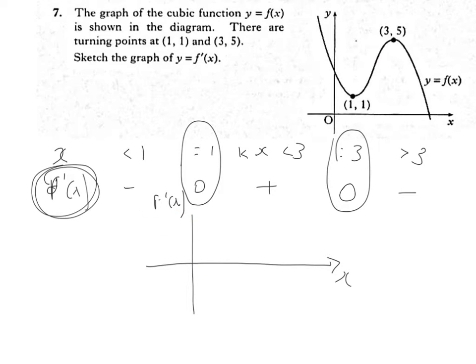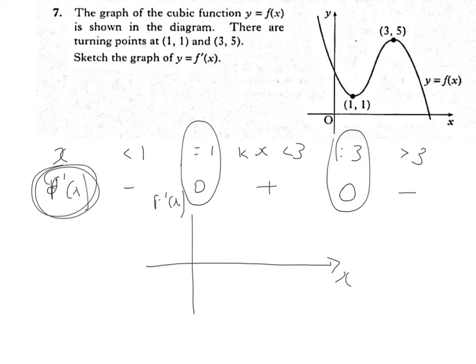So almost like a thermometer records heat: anything up here would be above 0, anything down here would be below 0, and that would be freezing point at 0. Well, for y coordinates, anything up here is a positive y coordinate, down here is a negative y coordinate, and 0 on the x-axis, but this axis doesn't record y coordinates just now, it records gradient. So up here is positive gradient, down here is negative gradient, and on the x-axis is 0 gradient.